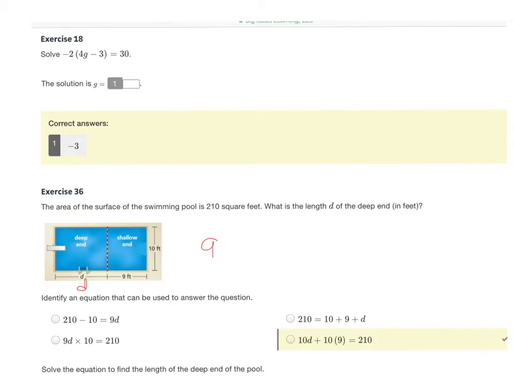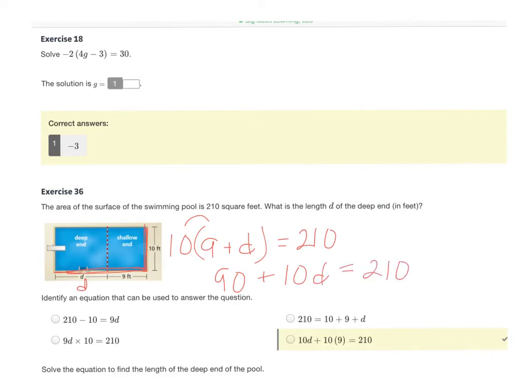So we're going to have 9 plus d, and we're going to multiply that by 10, and that's going to give us 210, right? Because to find the area, we do length times width. So I got 10 times d plus 9, or 9 plus d. And so I'm going to do the distributive property. So 10 times 9 is 90, plus 10 times d, which is 10d, is equal to 210.